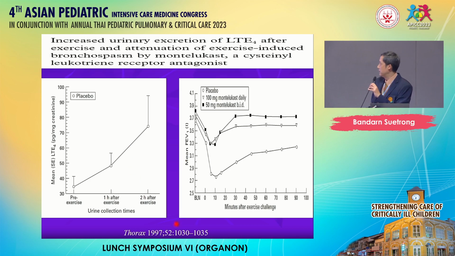So if we compare the use of montelukast to placebo, montelukast can prevent the fall of FEV1 after the exercise challenge test in patients with exercise-induced bronchoconstriction.